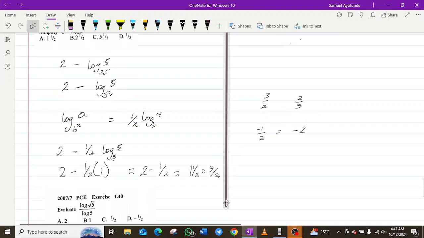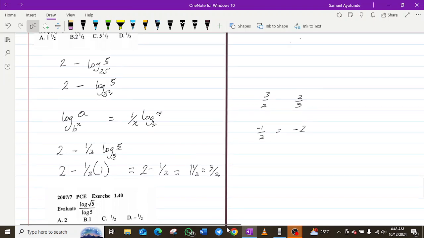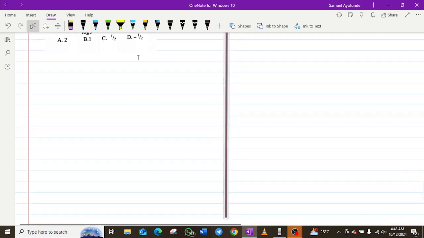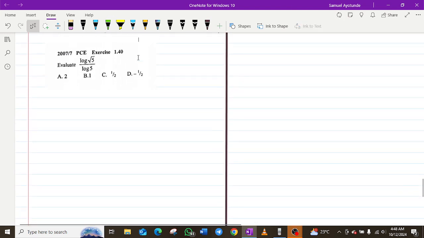So this will be our last example. Very simple question. So we have log of the square root of 5, divided by log 5.